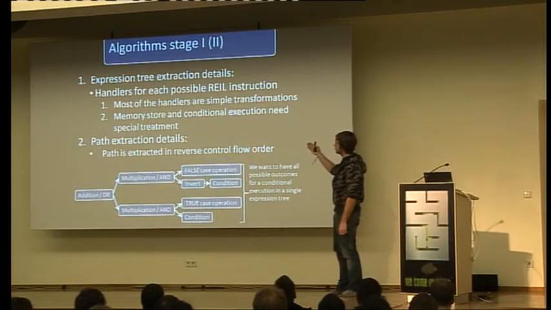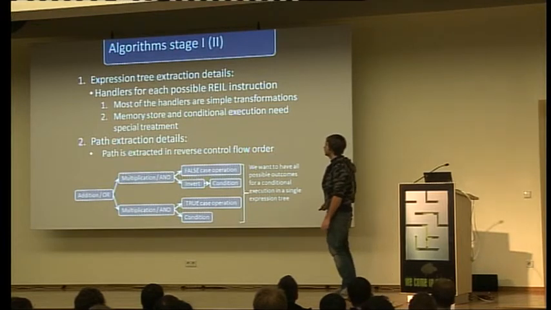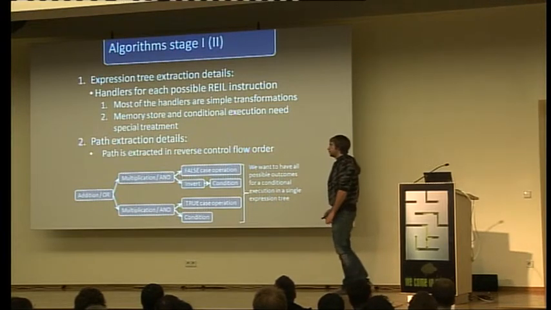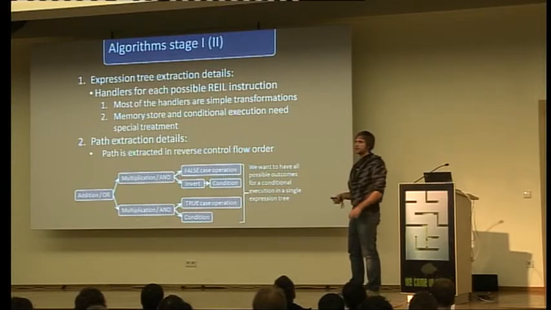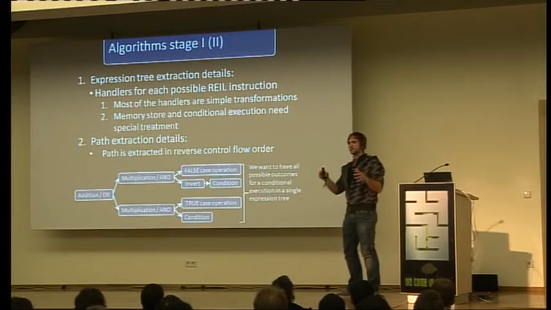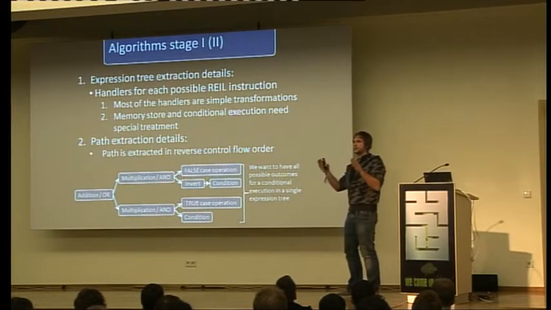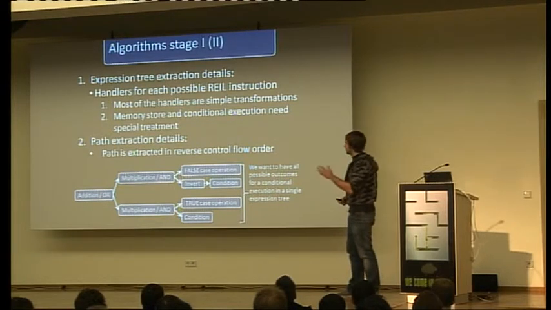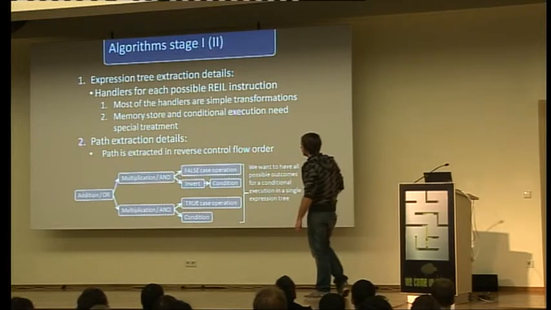Therefore you have to take special care if there's conditional execution in there. We do this by encoding both sides of a conditional execution in one single tree, so that we do not have to split the instruction.